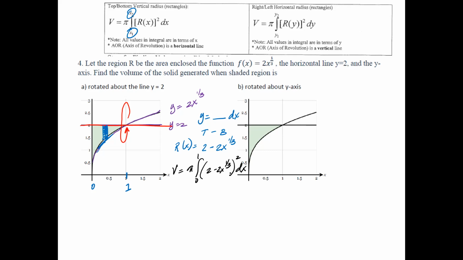You will probably have to use substitution. When you integrate this and plug in the upper and lower bounds, your volume is going to be 0.4 pi units cubed.